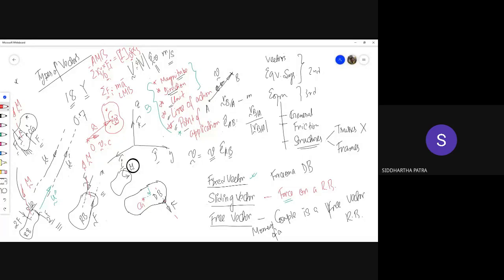Now you see that what matters for the right hand side is the response. This is the input, the right hand side is the response. Now, how is the input effective? The point of application of individual forces matters. But if you take a couple, because of the fact that this one is F and this one is minus F, what really matters is their plane of application and the product F times d.